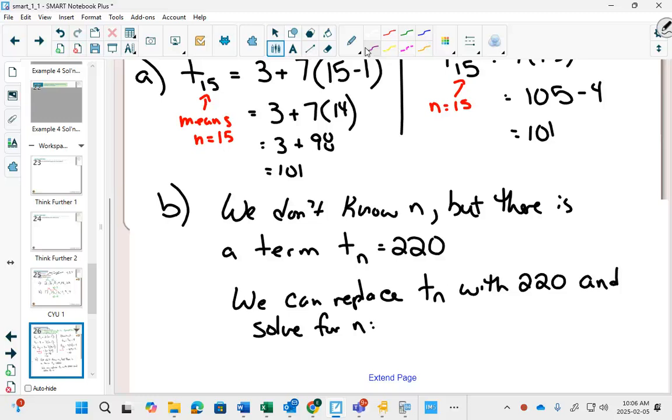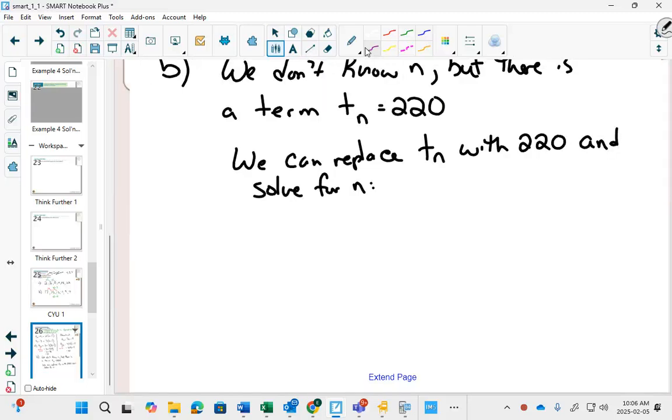So because of that, we can use our formula, and it doesn't matter which one we use, we replace the Tn with 220. Let's say I'll use the shortcut one. The shortcut one was 7n minus 4. Because before this, you knew this was your formula, and we replaced the Tn with the 220.